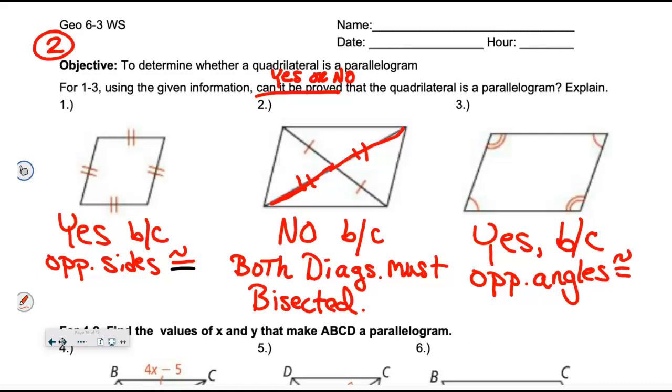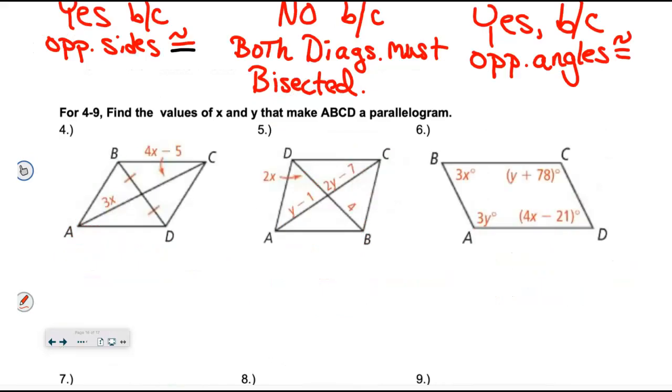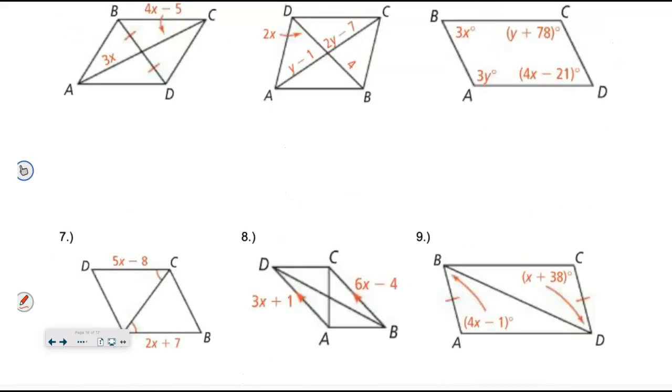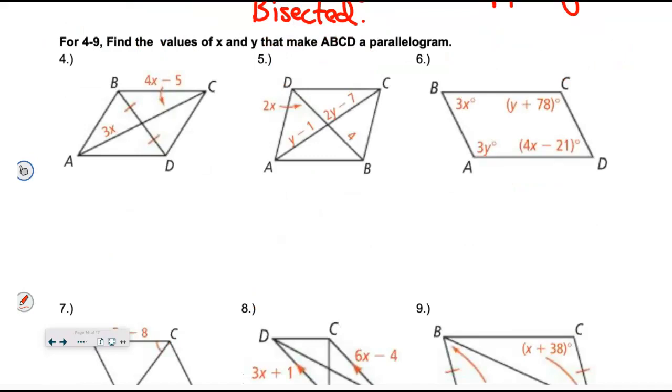All right, what do you think? I think there's enough notes, right? So we're going to go practice a couple of them. They're kind of like yesterday, but in reverse. Yesterday, we had kind of these same pictures, but it says this is a parallelogram. Find the values of the variables. Now it's saying find the value of the variable, right, to make it a parallelogram. So you're just going to reverse your thought process. Is this stuff on the sides, the angles, or the diagonals?